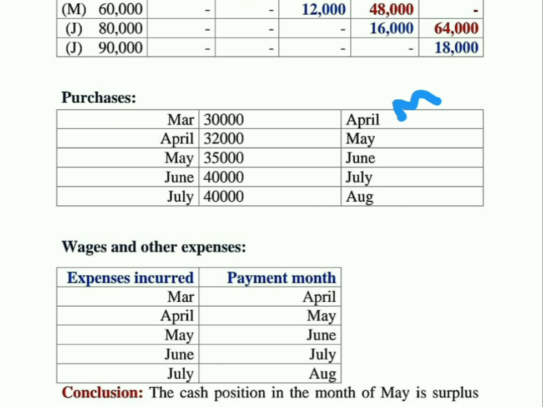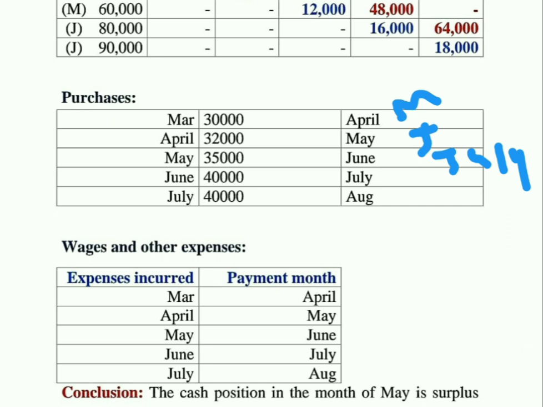April 32,000 should be payable in the month of June. And the May amount 35,000 should be payable in the month of July. So in the month of July, payment will be made 35,000. And June 40,000 will be payable in the month of August. July 40,000 will be paid in the month of September.